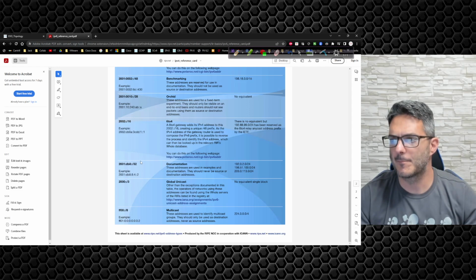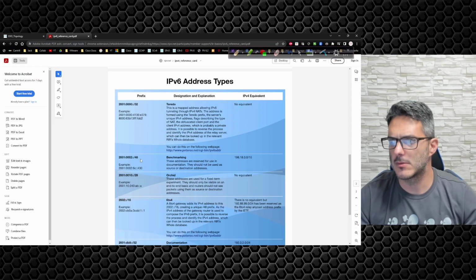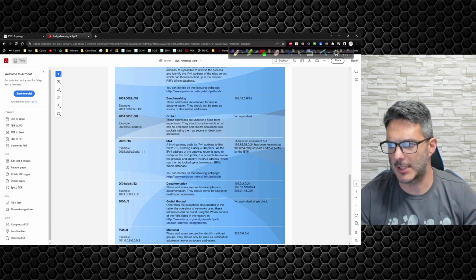A lot of people use 2001 or 2001:DB8, which is good for documentation. This is an RFC defined address space. So what we'll end up doing is grabbing a 2000 address space.